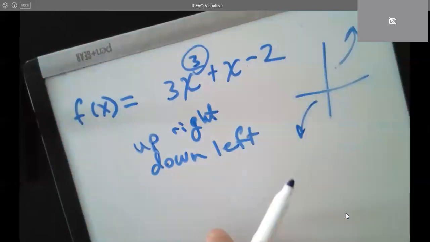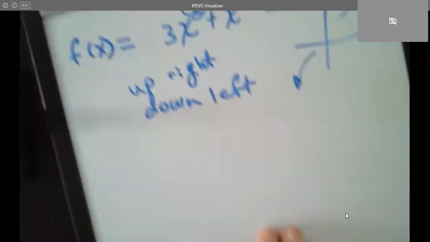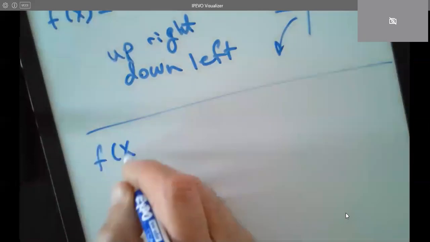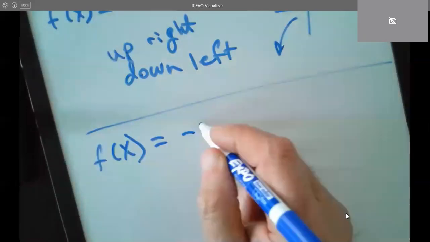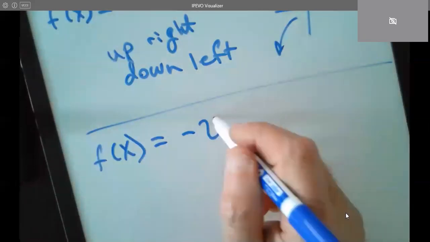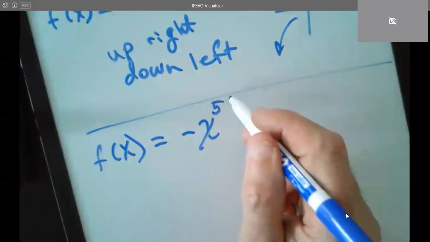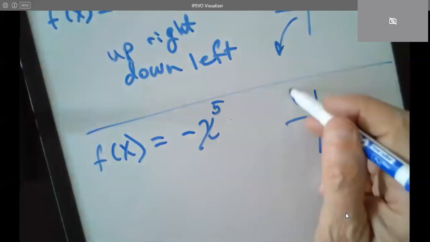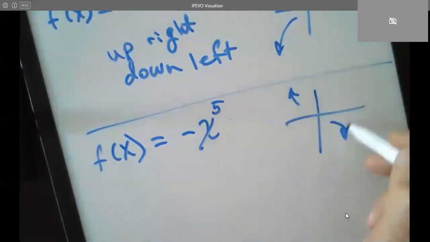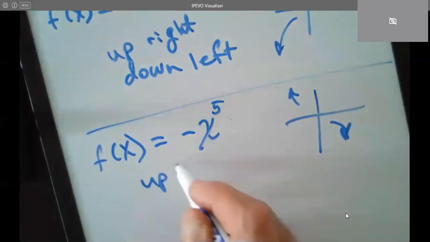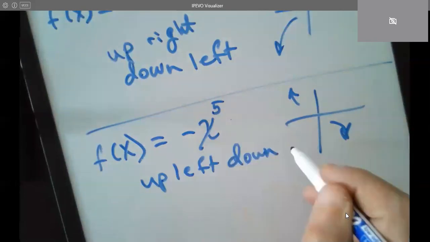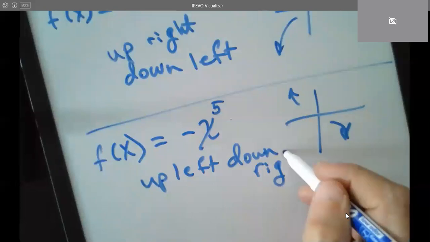Okay. Any questions there? Okay, we'll do one more extra that's not on there. Let's say we have f of x equals negative x to the fifth. That'll be up, left, down, right. Yeah, up, left, down, right. That is correct. Good.